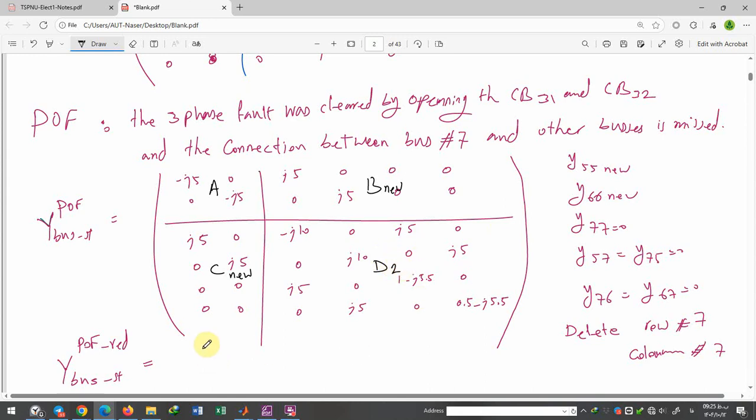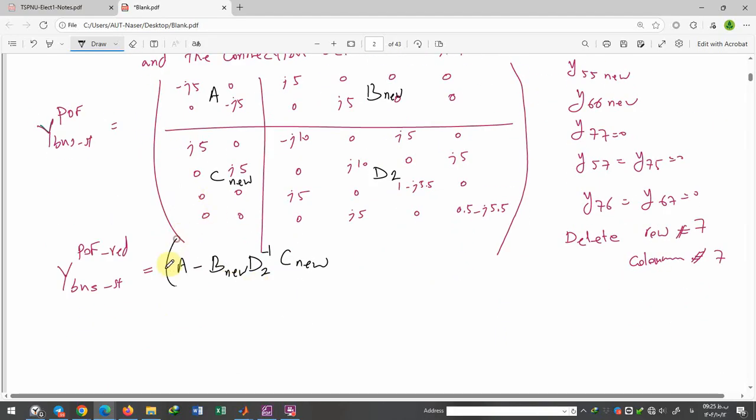So A minus B new multiplied by D2 inverse multiplied by C new. You can also calculate this Y-bus stability, and its dimension is 2 by 2. Okay.